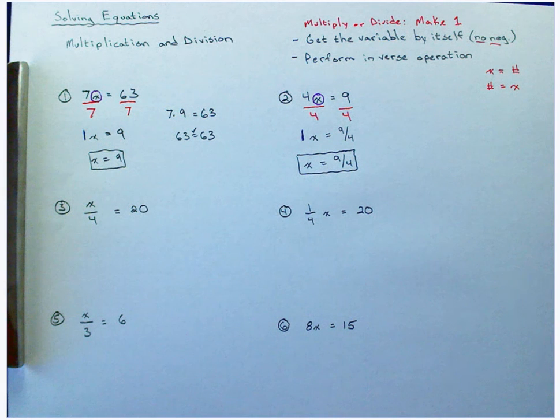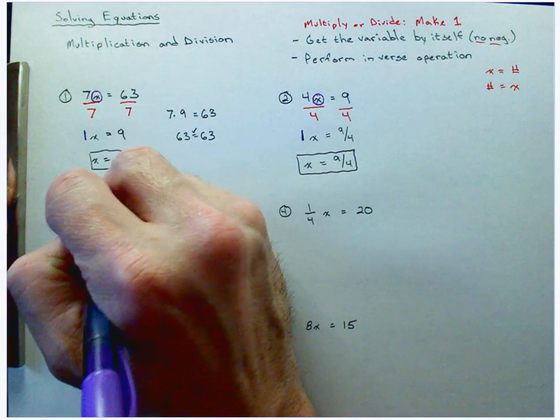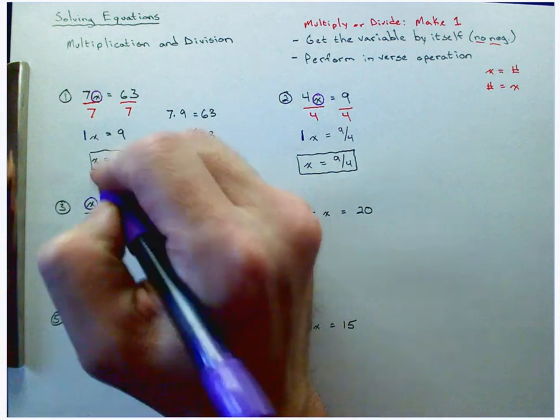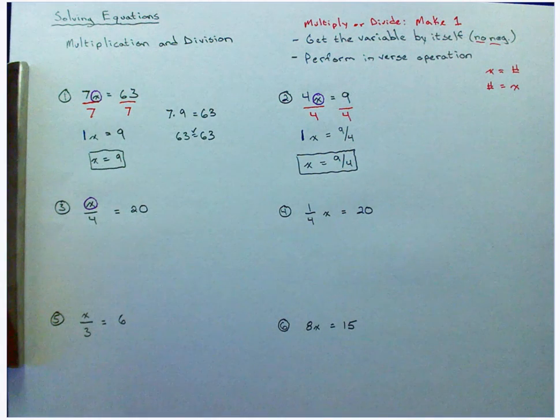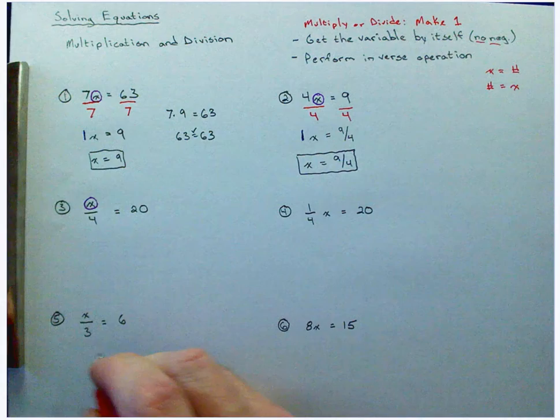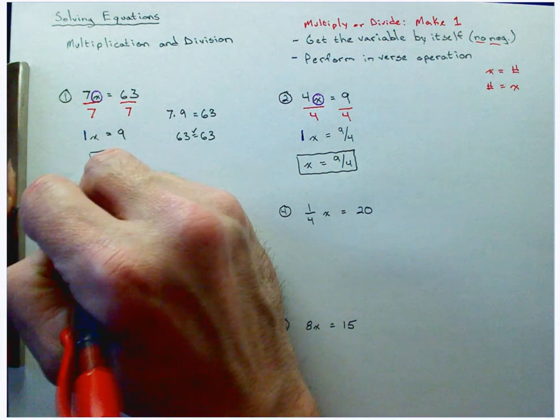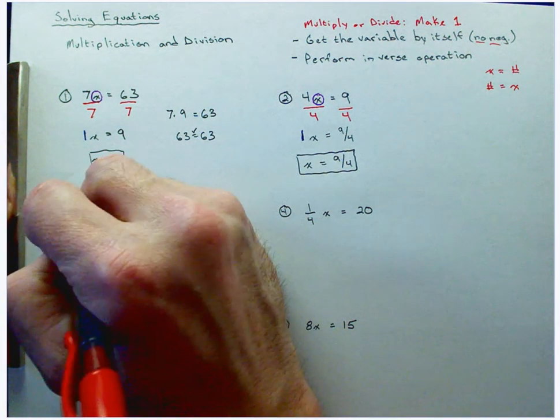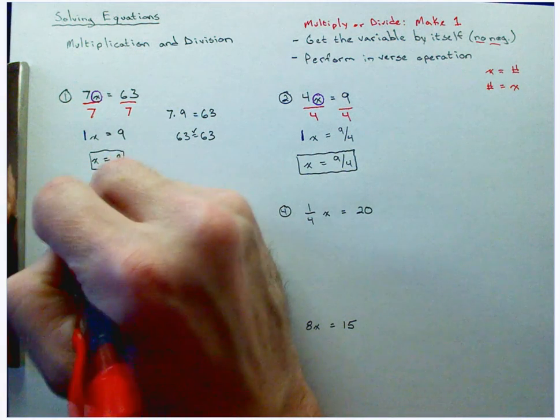Alright, problem number 3. I have x divided by 4 equals 20. I want to get x by itself. Right now, it is being divided by 4. So what's the inverse operation? Multiplication. What am I going to multiply by? 4. And I will write this as a fraction because visually it helps how we're used to multiplying fractions.